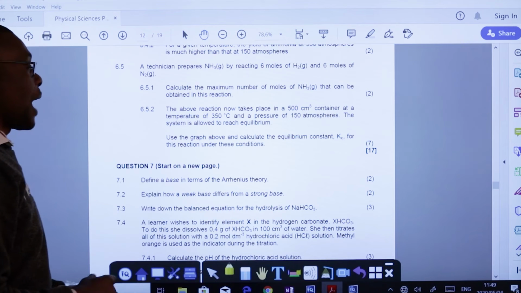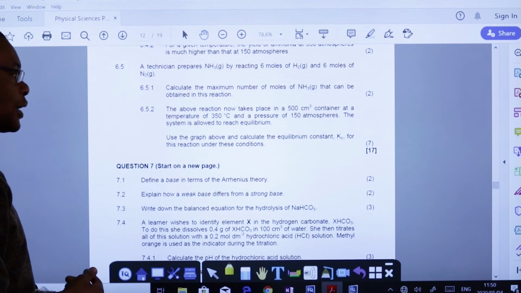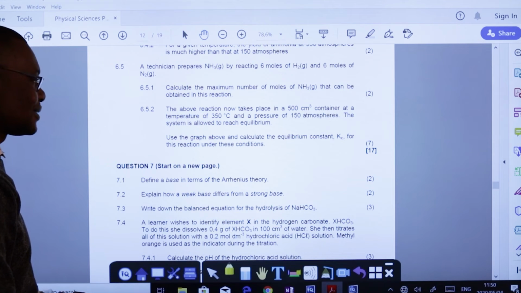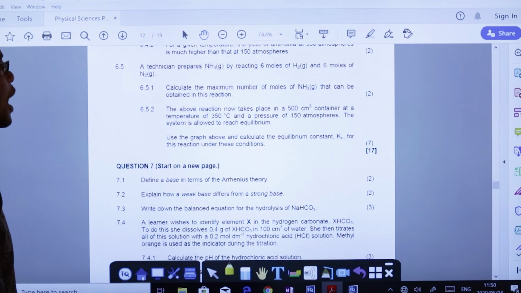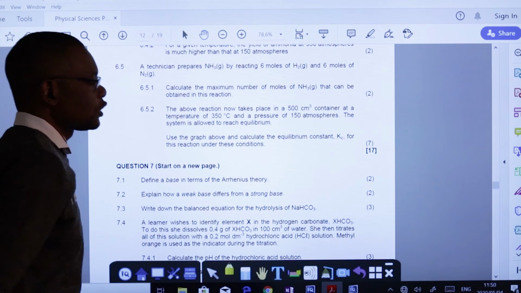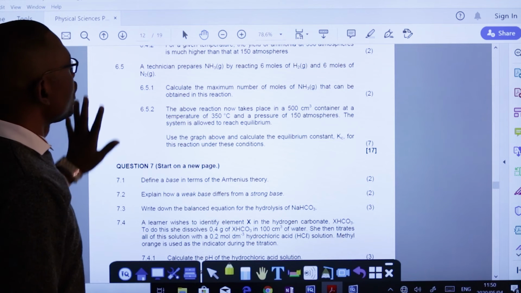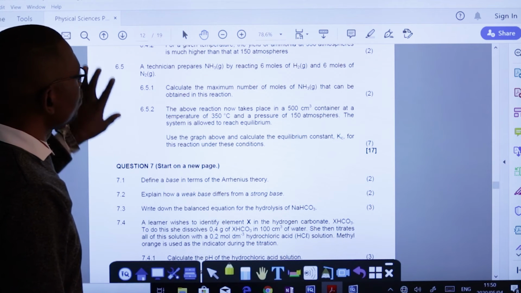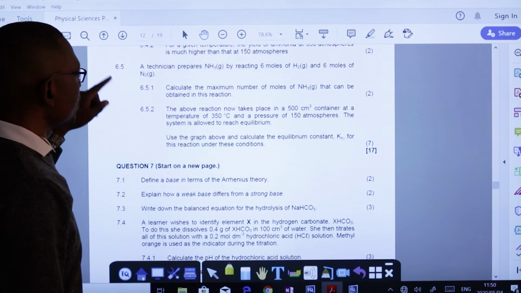So use the graph above and calculate the equilibrium constant Kc for this reaction under these conditions. Okay, so this is for 7 marks. Boys and girls, you really need to know how to relate what is happening here.